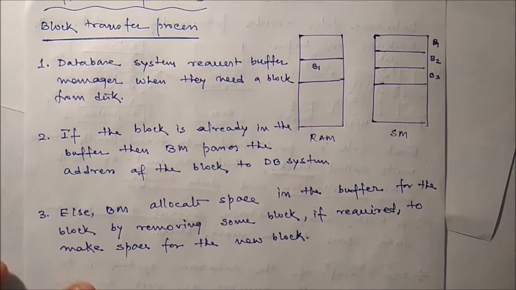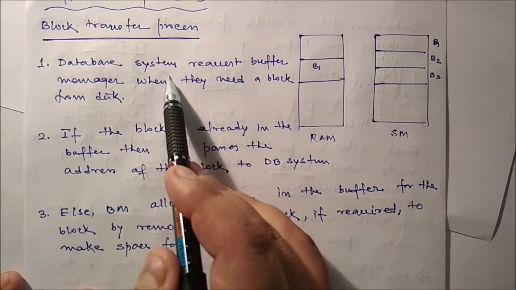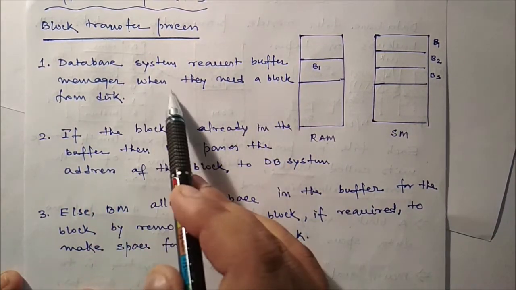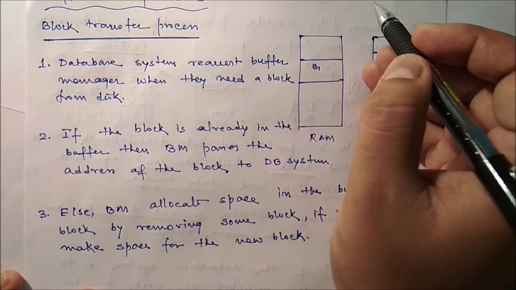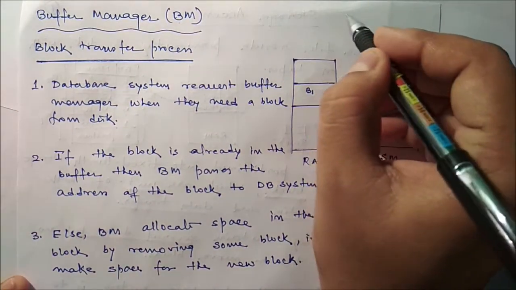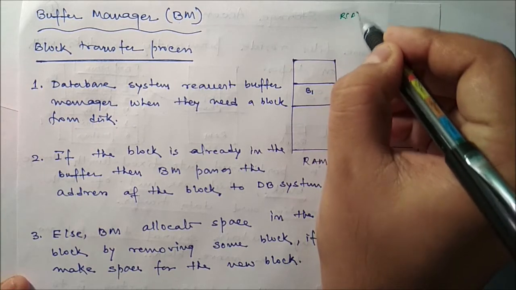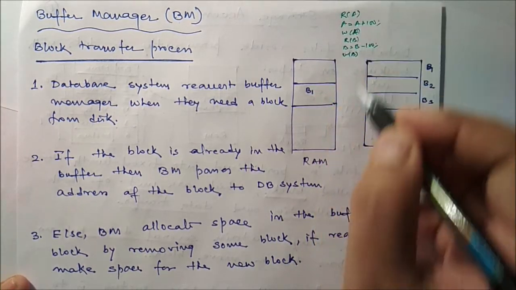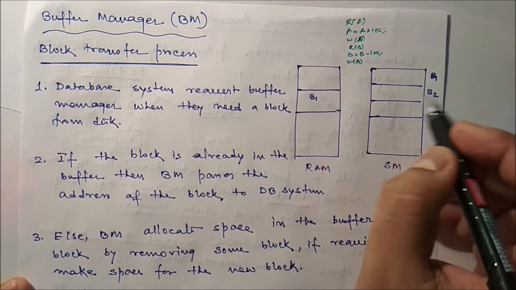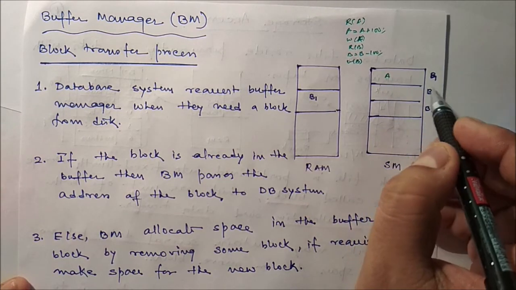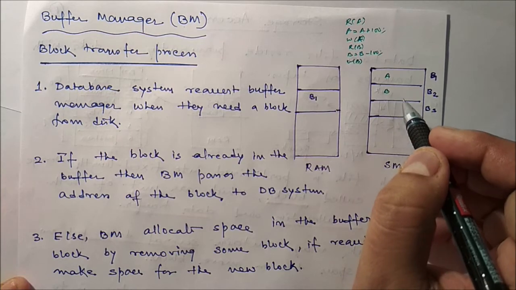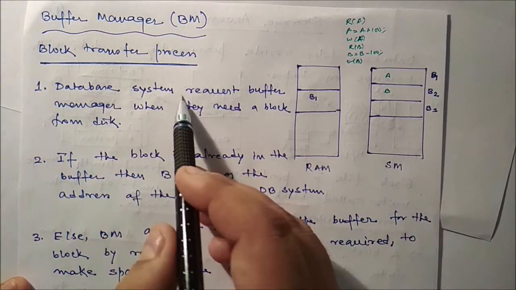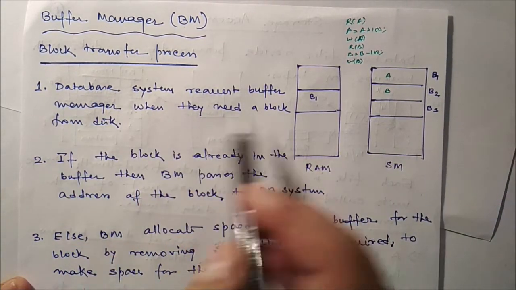Now, the database system requests the buffer manager when it needs a block from disk. Suppose one instruction is there, say read A. Suppose A is in block B1 and the value of B is in block B2.